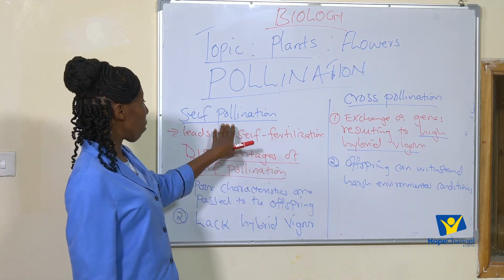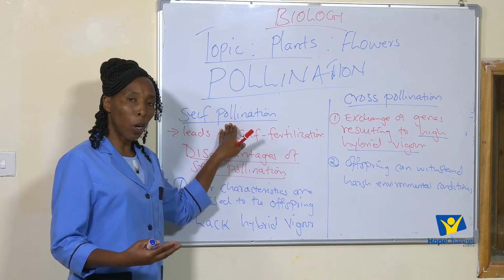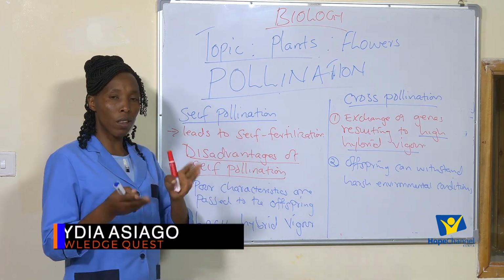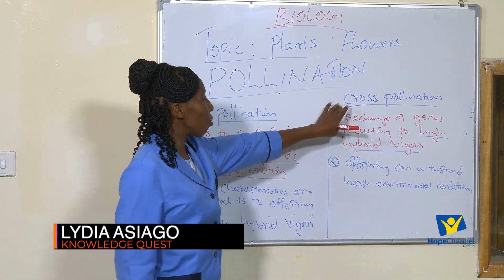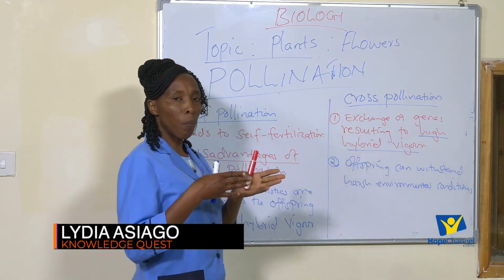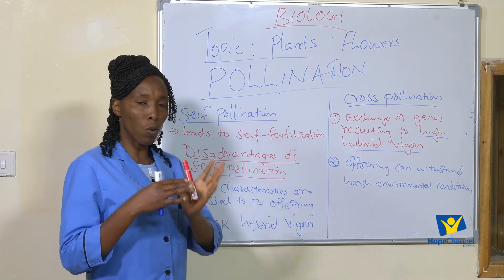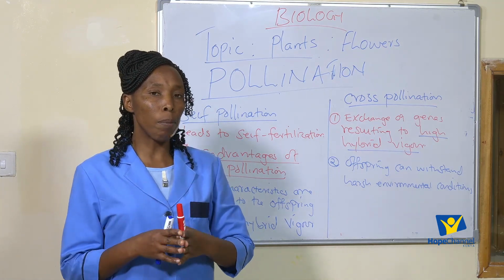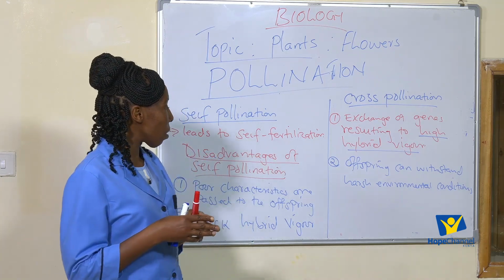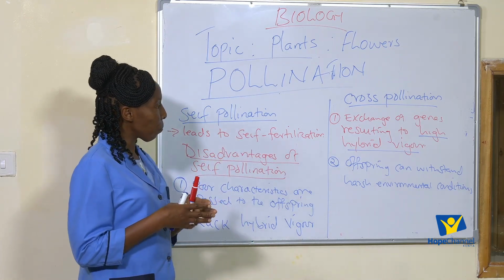In self-pollination, we transfer pollen grains from the anthers to the stigma of the same flower. But in cross-pollination, we transfer pollen grains from the anthers to the stigma of a different flower, but of the same species. So the plants or flowers should be of the same species.